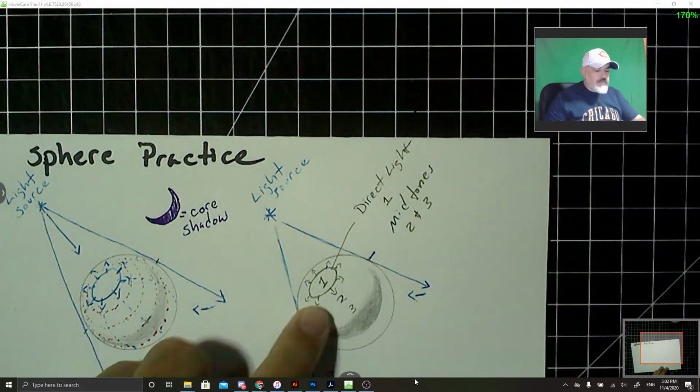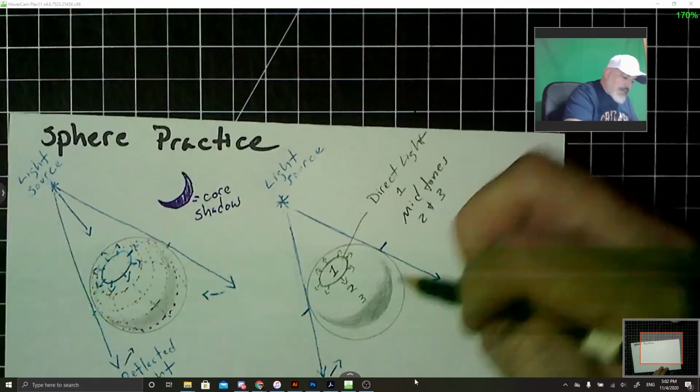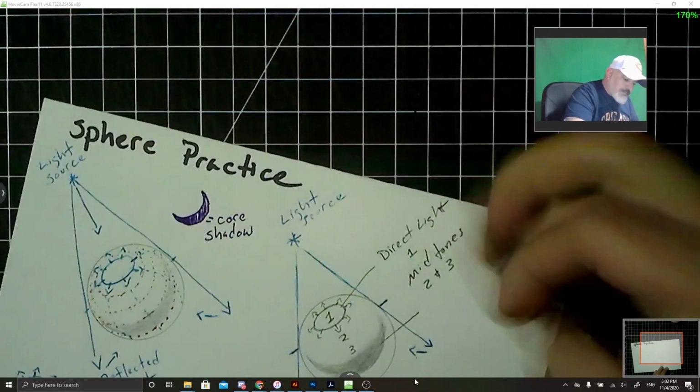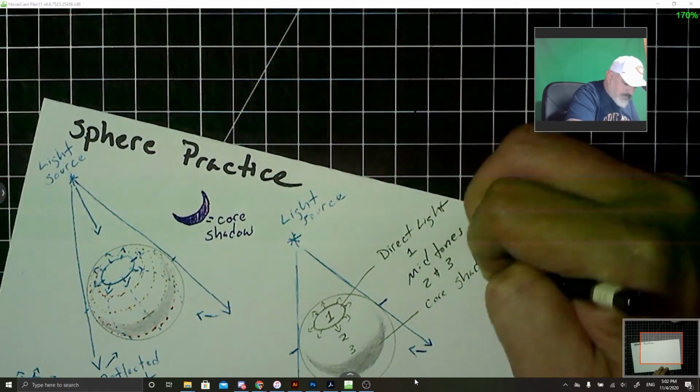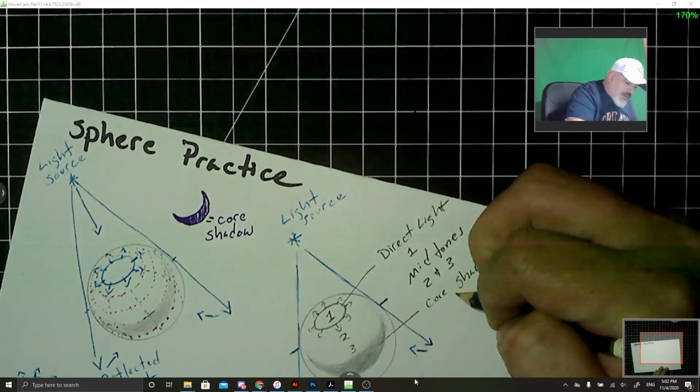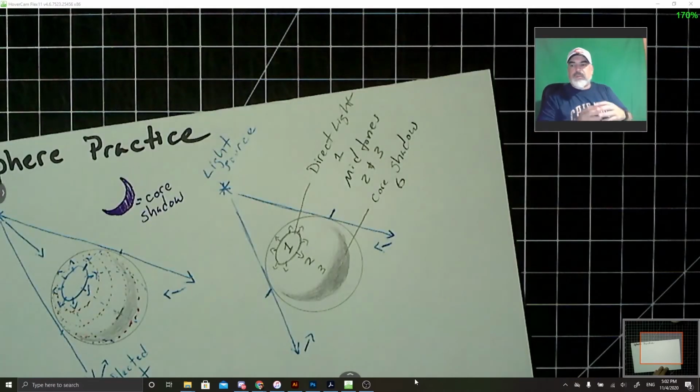Okay, so 2 being closest to the light source, 3 going into the shadow. My core shadow is going to be a 6. Okay, so if we do a value scale of 1 to 6, 6 is going to be my darkest value.